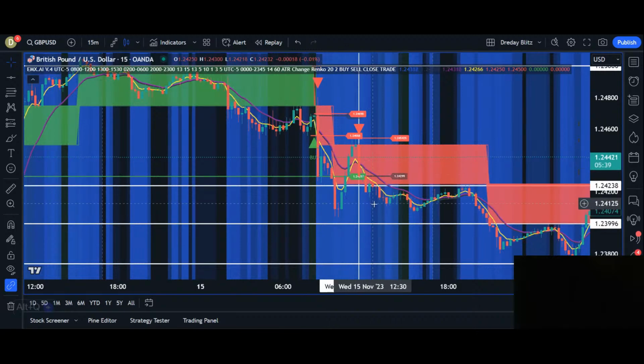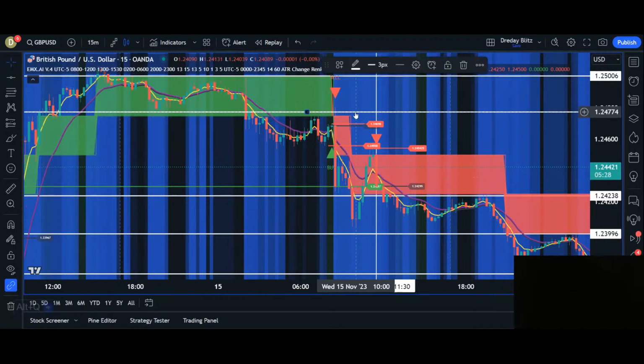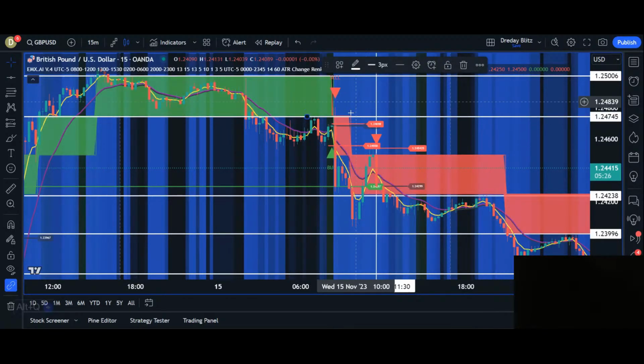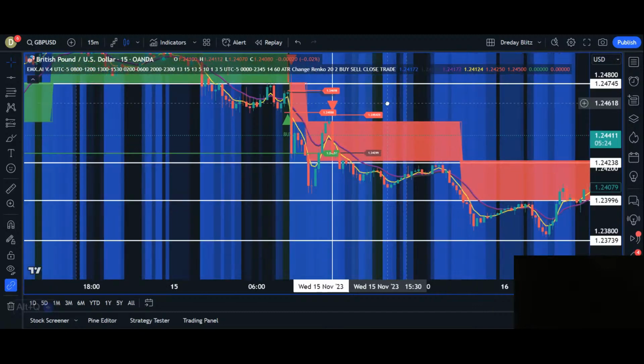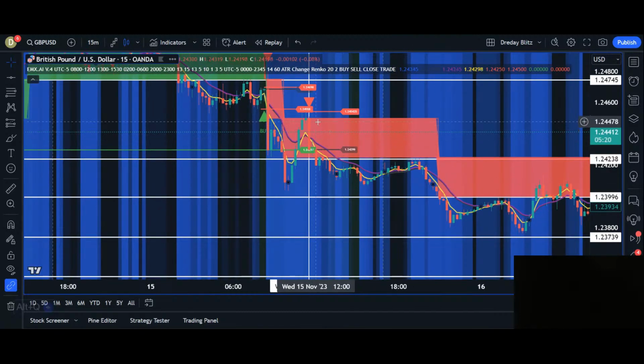So the second one is another sell, same process. You put your stop loss at the previous Renko bar. So the previous Renko bar will be the previous one that we saw right here. So stop loss is here. Never went to the stop loss. Then your TP is the first Renko bar close.